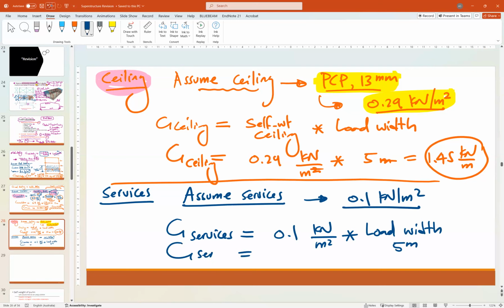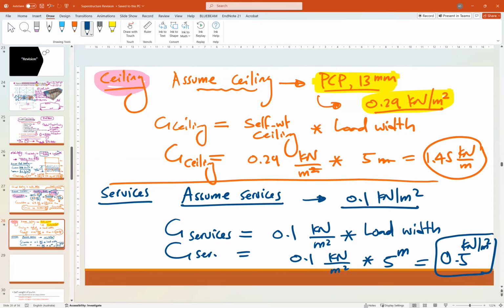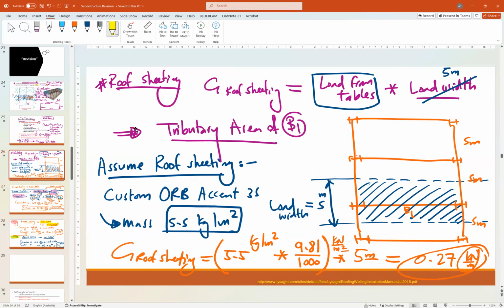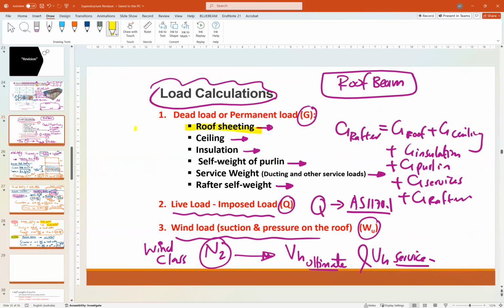So G surfaces equals 0.1 times 5, equal to 0.5 kilonewton per meter. So now we have the roof sheeting, ceiling, insulation, and surfaces. We still need to find the self weight of the purlin and the rafter self weight.